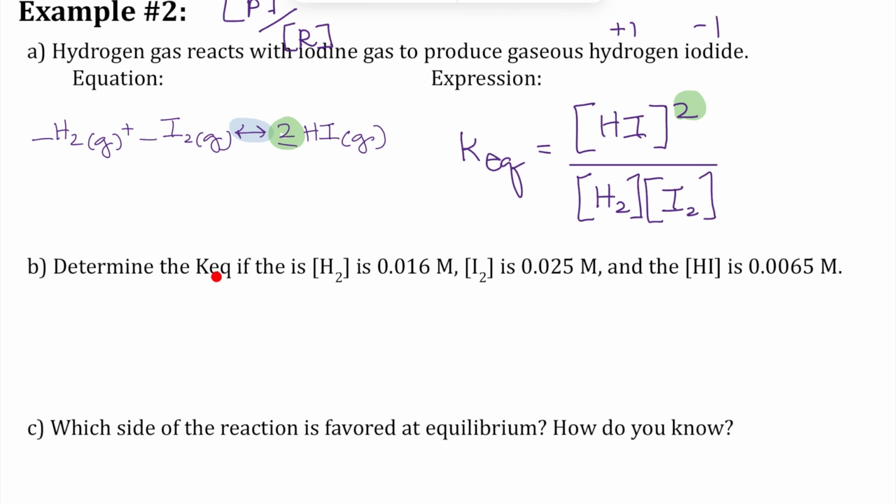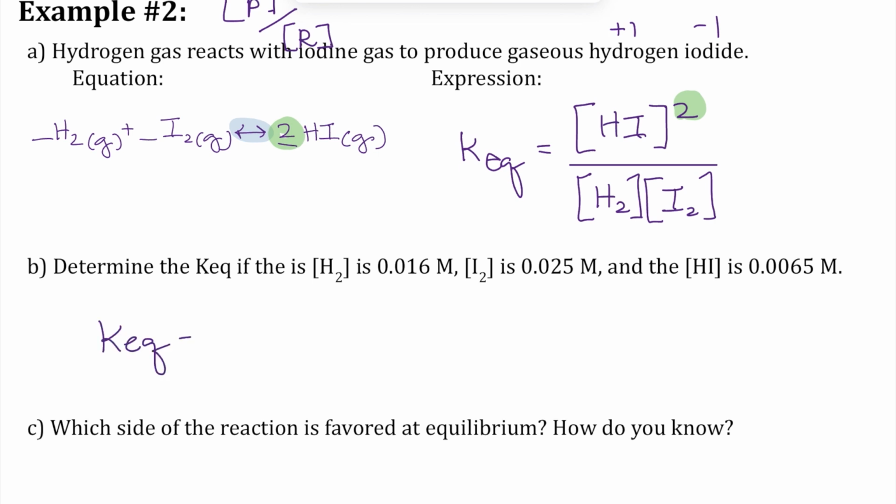So determine the KEQ value if hydrogen's concentration is 0.016 and iodine's is 0.025 and HI is 0.0065 molar at equilibrium. We can go ahead and plug those in.